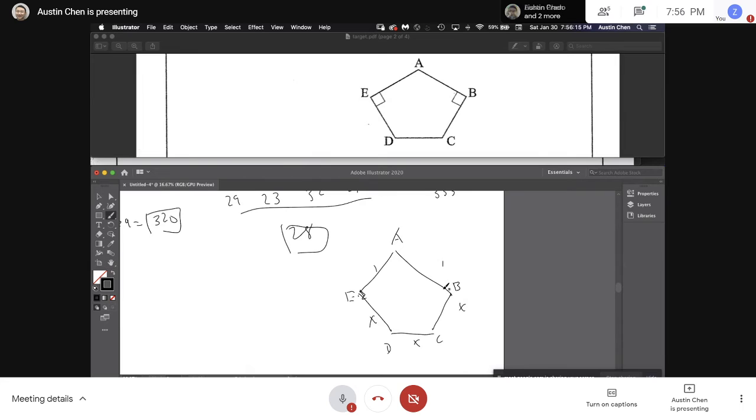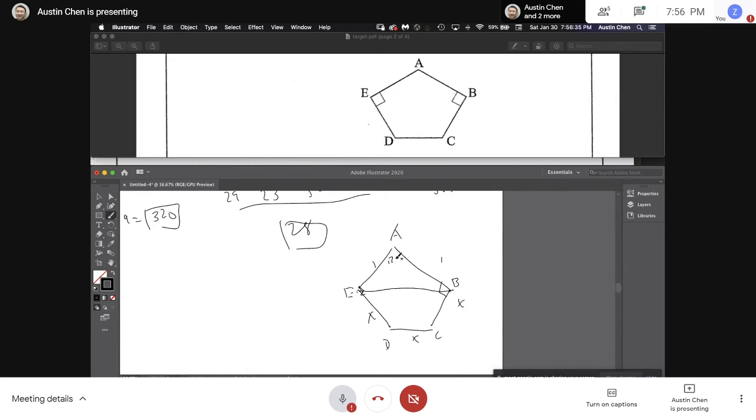Now I bet there are a lot of ways to do this. You can separate this into a lot of pieces. The way I'm going to do it is put a line through EB that is parallel to GC, and now we just find the areas of this triangle and this quadrilateral.